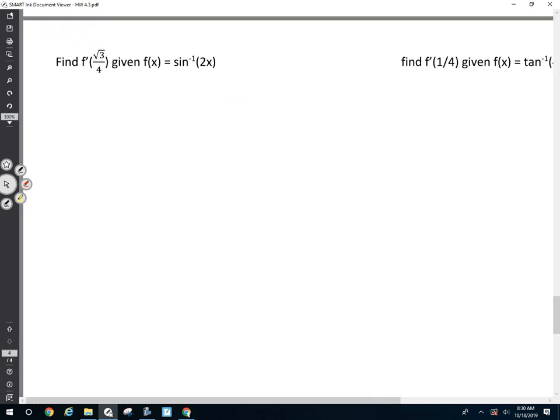All right, now we're finding f prime at a couple values. F prime at root 3 over 4, f prime of 1/4. I won't go into the process. It's outsides and insides. Did it for the last one. It'd be 1 over root 1 minus 2x squared times 2. I could square 2x, but I'm just going to plug in root 3 over 4 first.